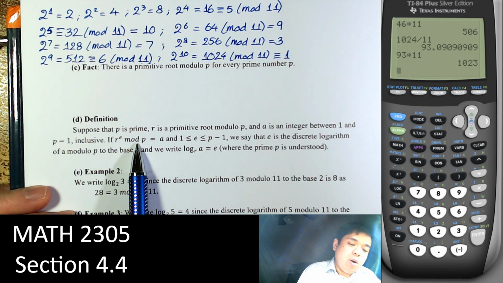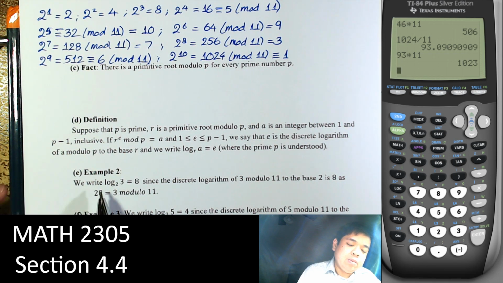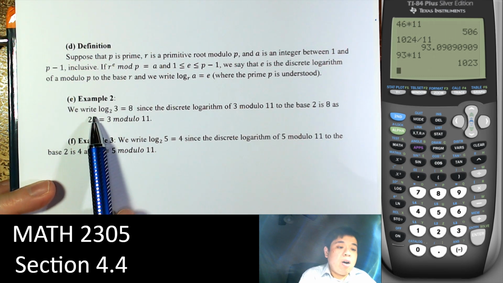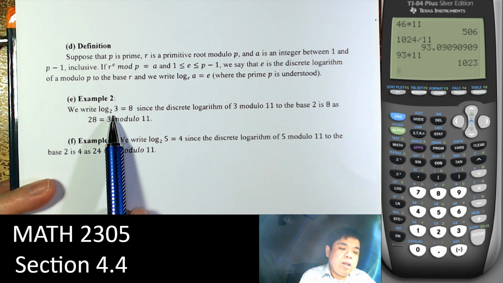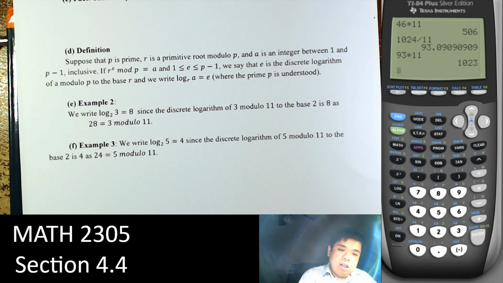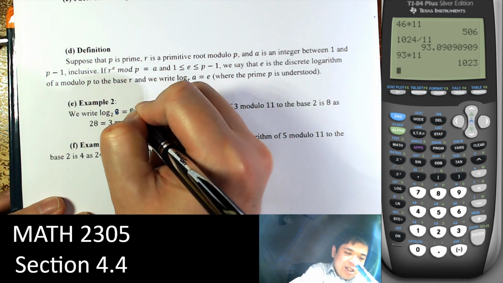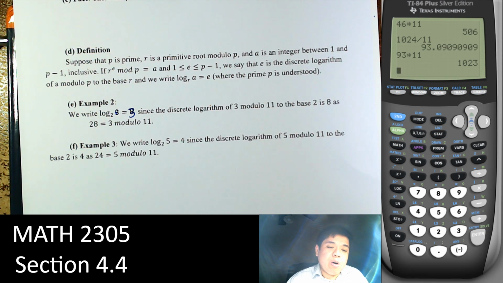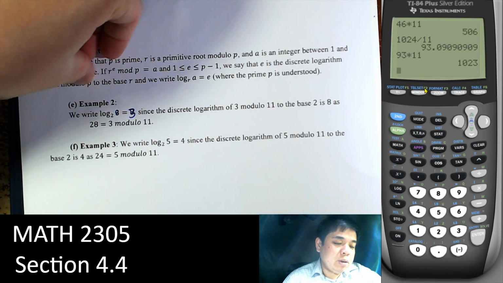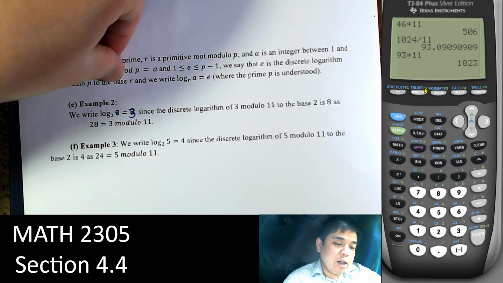If r to the e mod p is equal to a, for example, log base 2 of 3 modulo 11. So we say that e is the discrete logarithm modulo p base r.